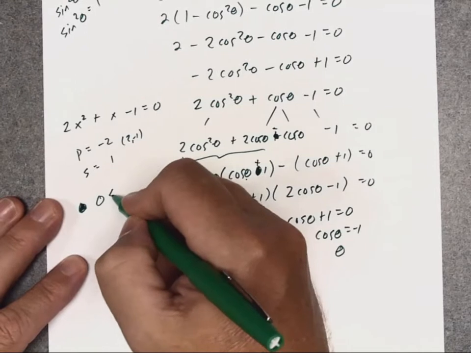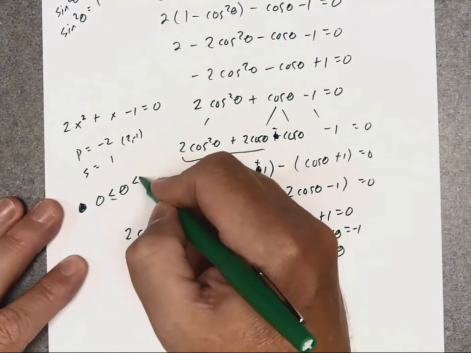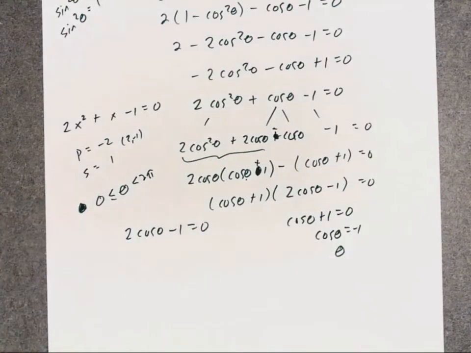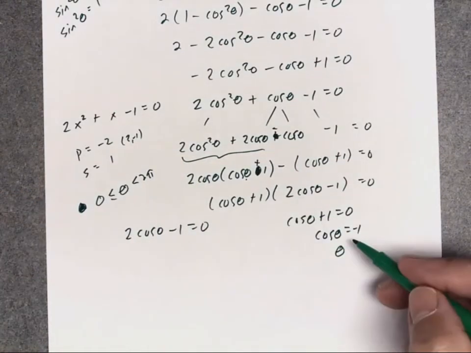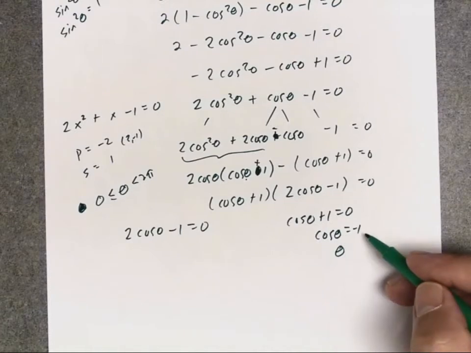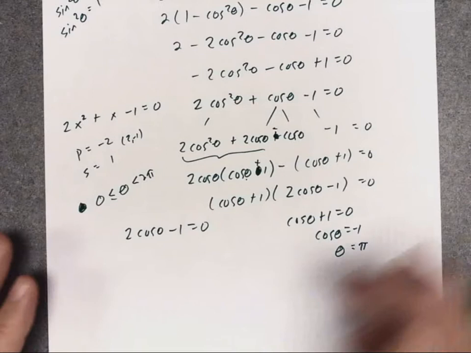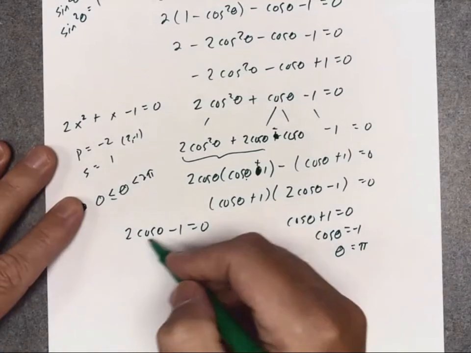Let's just do it from the start between 0 and 2 pi. So from 0 to 2 pi, what angles is the cosine -1? Obviously pi.